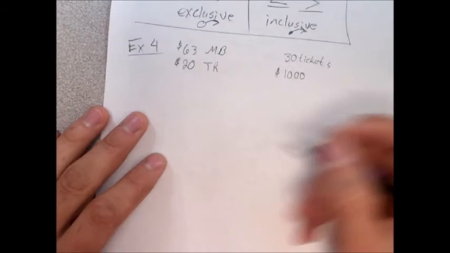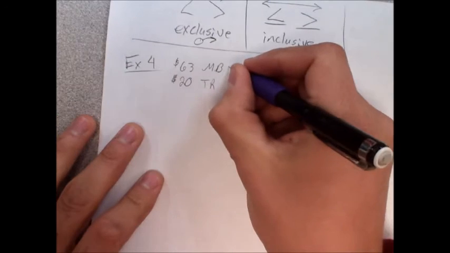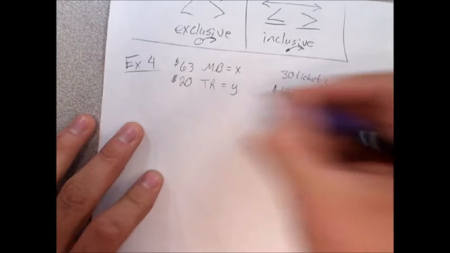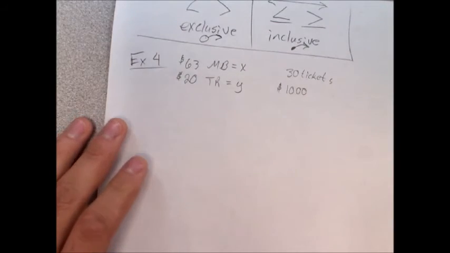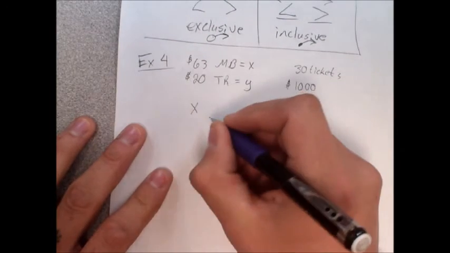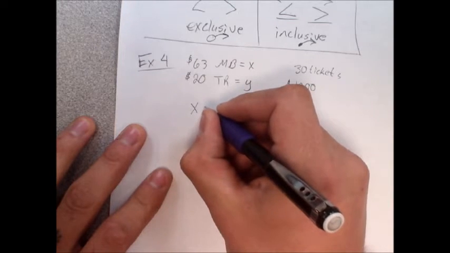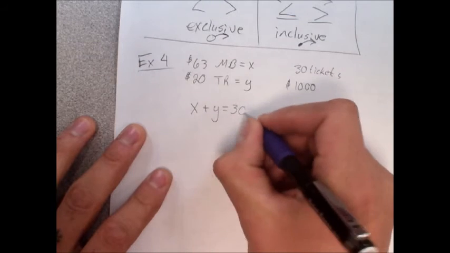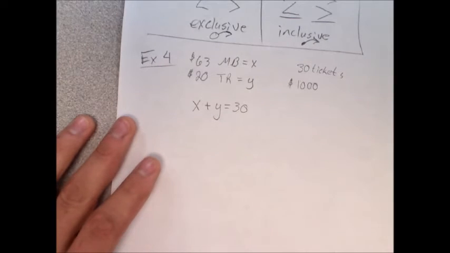So first of all, I'm going to establish variables. I'm going to let X be main box. I'm going to let Y be tier. Okay? So I know that I'm going to buy so many of the main box, and I'm going to buy so many of the tier, and in total I'm going to buy 30 tickets. So there's my equation 1.